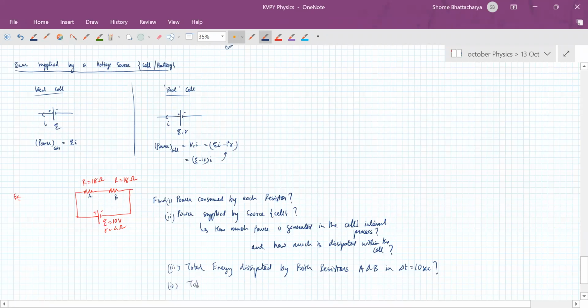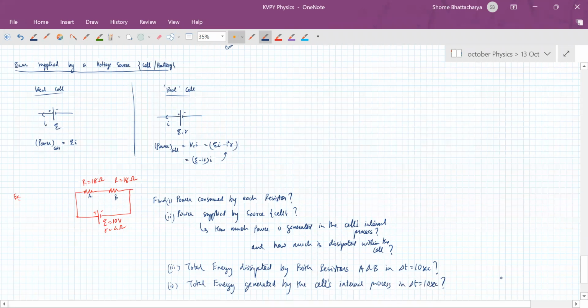Whereas the total energy generated by the cell in the same amount of time.